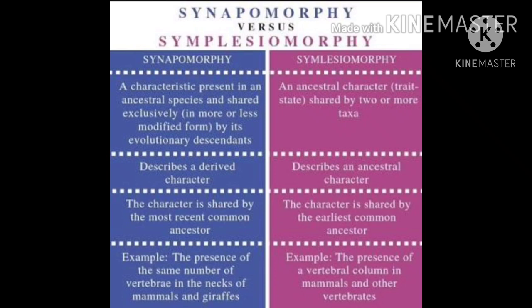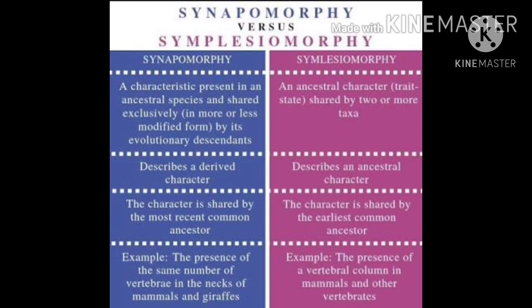Synapomorphy means a characteristic present in an ancestral species and shared exclusively by its evolutionary descendants, that is, in a more or less modified form. Whereas symplesiomorphy means an ancestral character shared by 2 or more taxa. That's the most important difference. Synapomorphy describes a derived character, whereas symplesiomorphy describes an ancestral character.